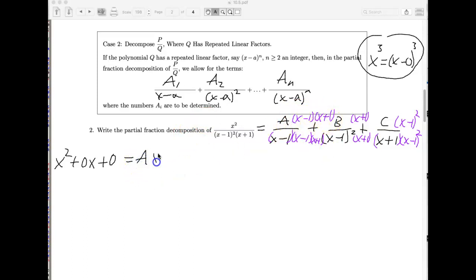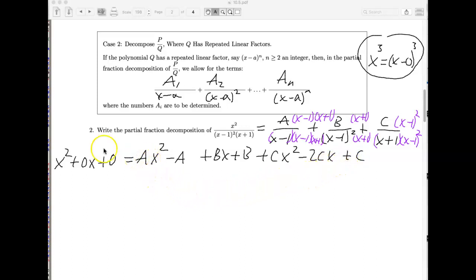So it'll be ax squared minus a plus bx plus b. And then when we multiply out x minus 1 quantity squared, it's going to give us x squared minus 2x plus 1 and then distribute c. So we'll have cx squared minus 2cx plus c.